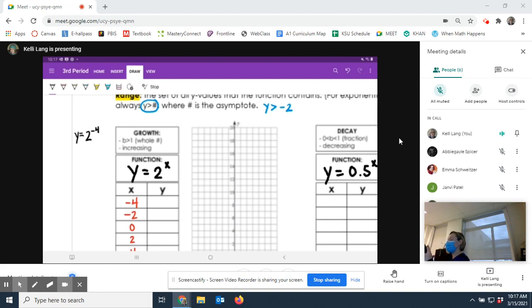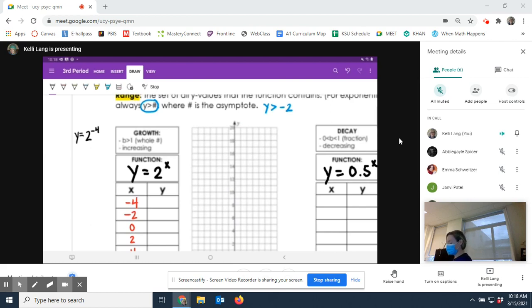So it's the button immediately above the division symbol. So you would type in 2 and then the caret button, and that'll raise your cursor up into the exponent position. And you can type whatever you want into that exponent. You could type in negative 4, you could type in 2, you could type in 0.